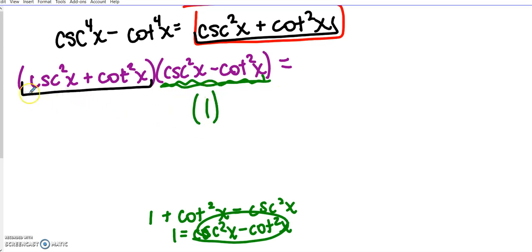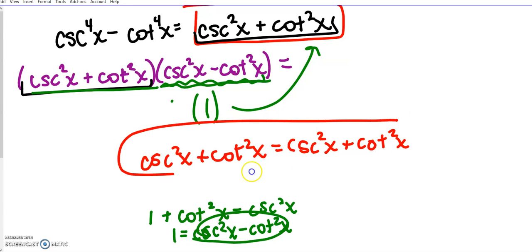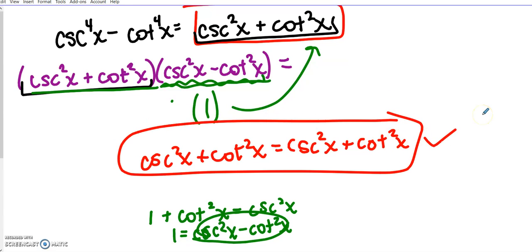So what I have is this part in black times 1, which is my item in red. And that's it. It was just a matter of factoring using those algebra skills to get things to perfectly match. And again, when we write our answers, we're going to have perfect mathematical equivalent statements set equal to each other.